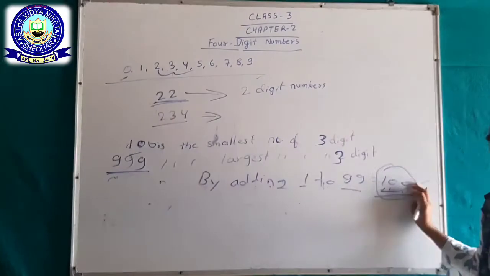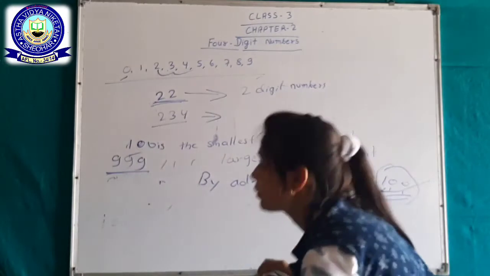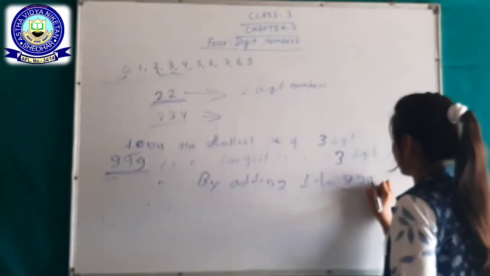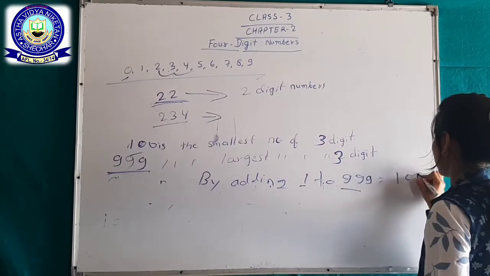And again, by adding 1 to 999, we get 1000.